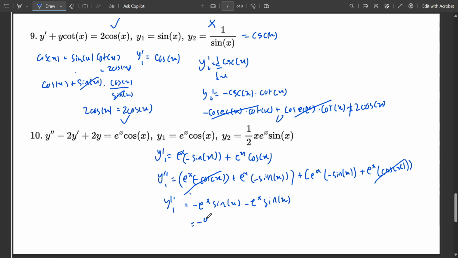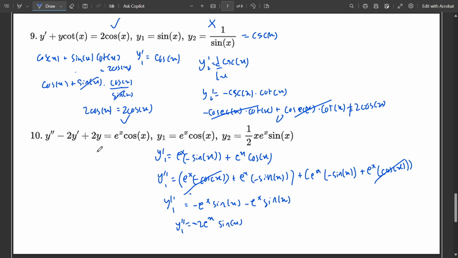We have negative 2 e to the x sine of x. This is our y double prime.